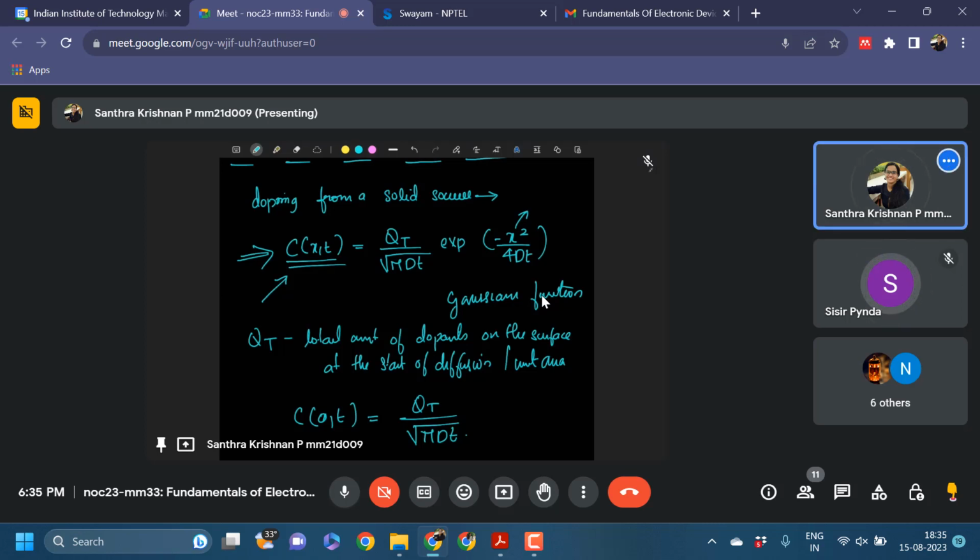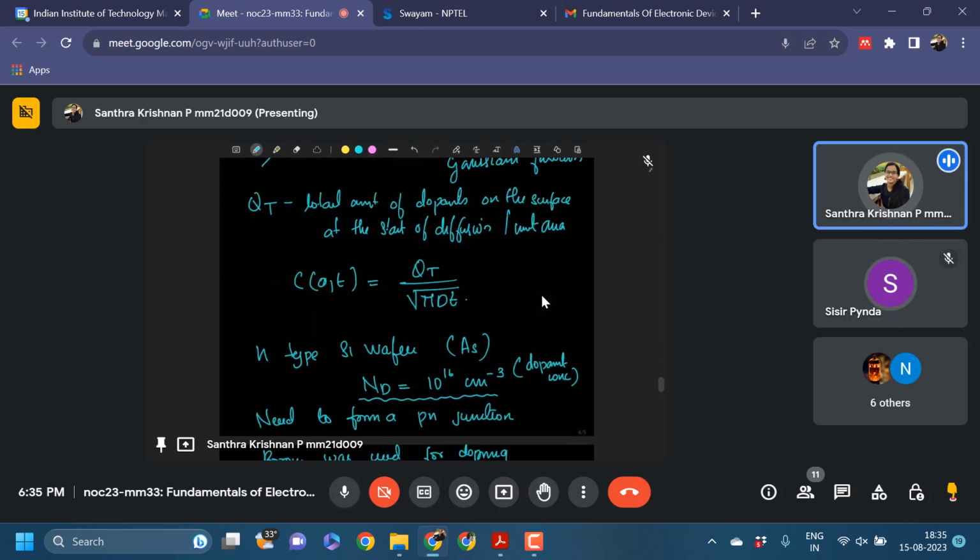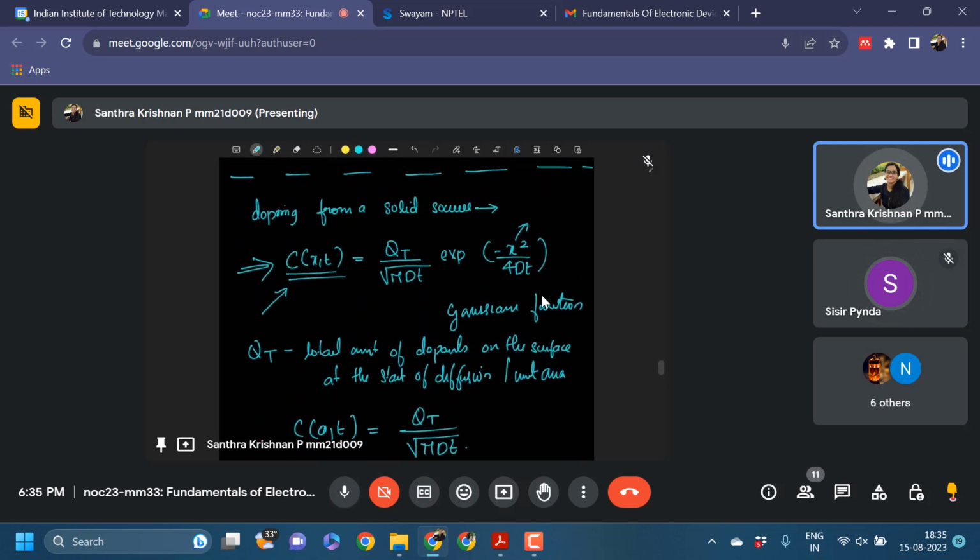Yeah. So is that clear? So basically, whenever we are asked such a question, Qt will be given to you and time will be given, and you will be asked to find either the time taken or the depth at which the junction has been formed. Here the assumption is that initially we had an N-type wafer that is obtained by doping arsenic into the wafer, and the amount of arsenic atoms is given to you. And when the PN junction is formed, it is assumed that Nd will be equal to Na.